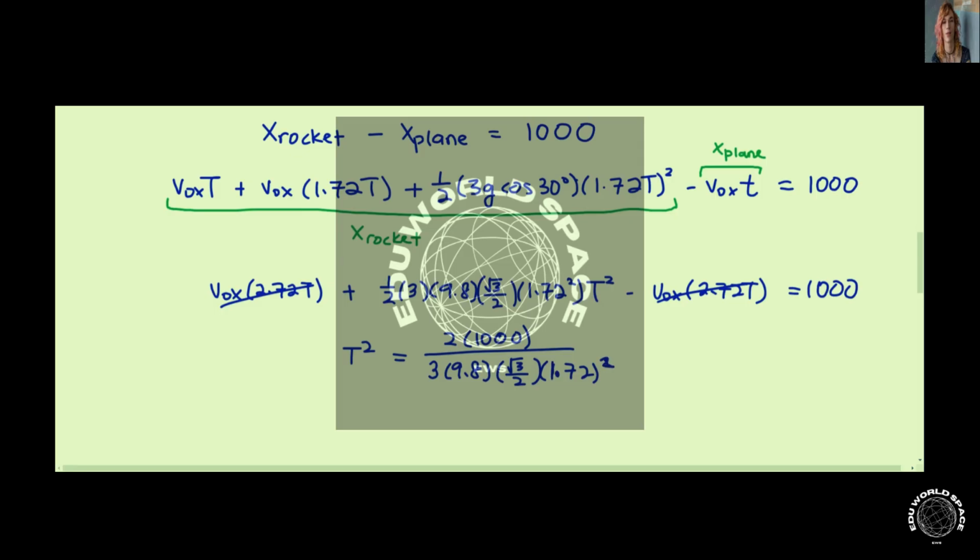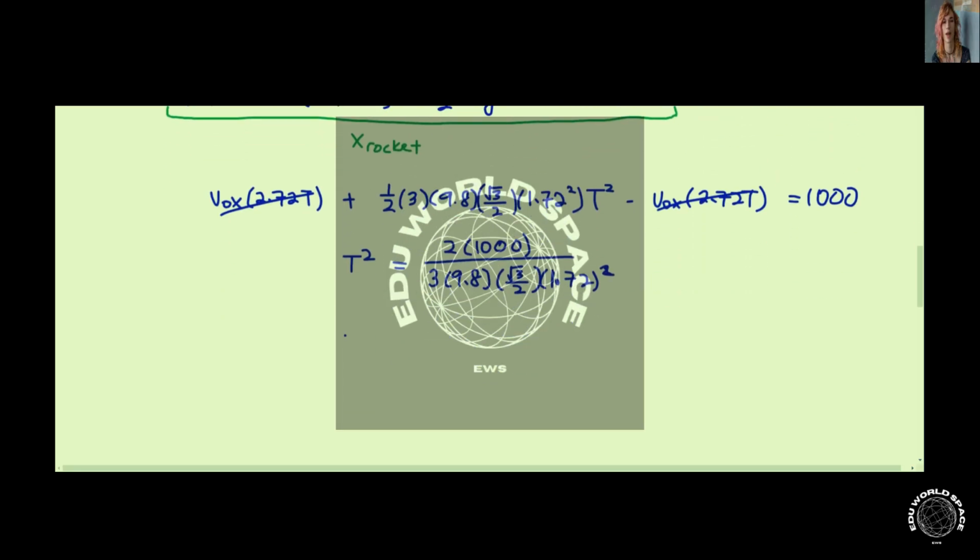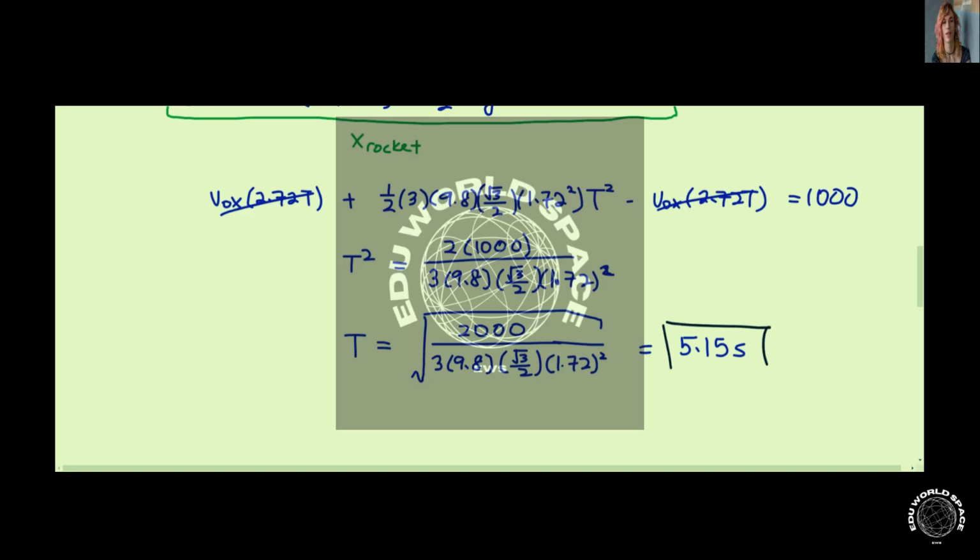And then after that, you take the square root, and this is 5.15 seconds. So this is the answer for this question, and that's all.